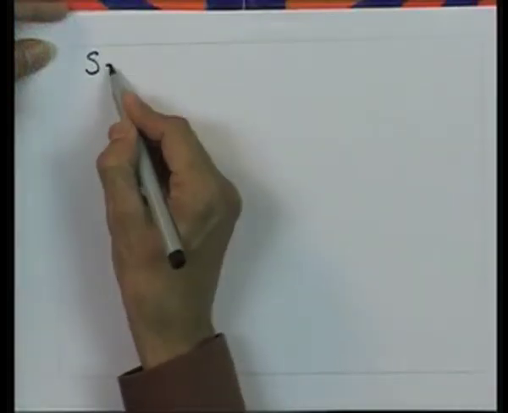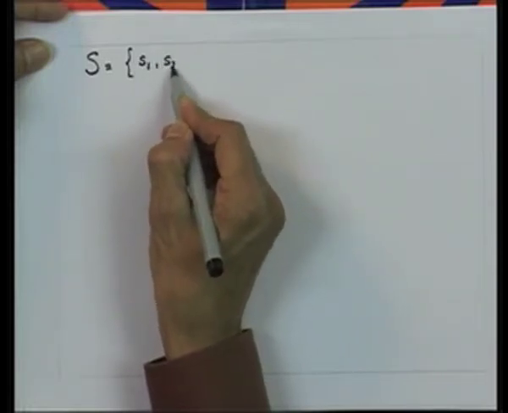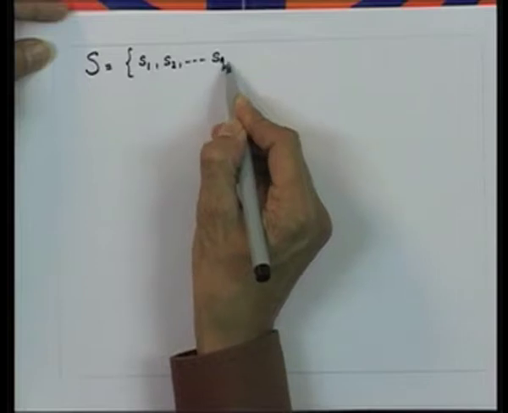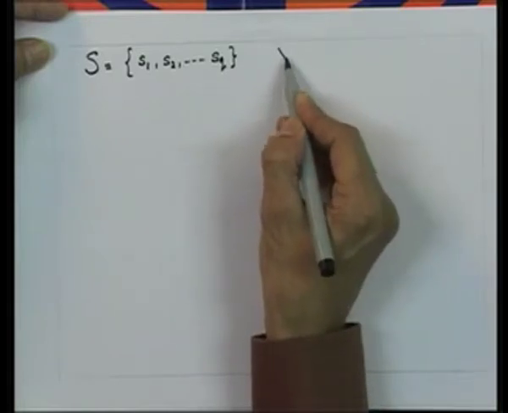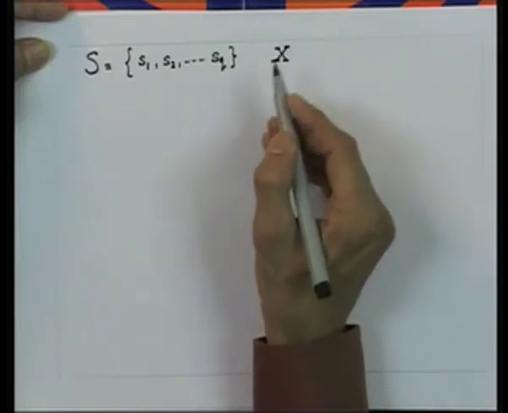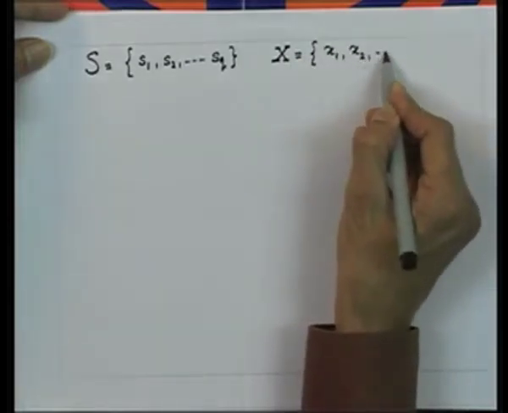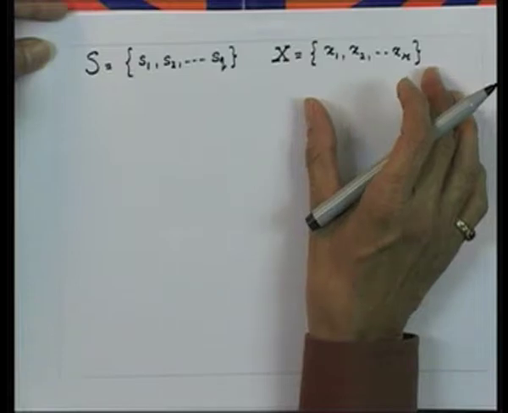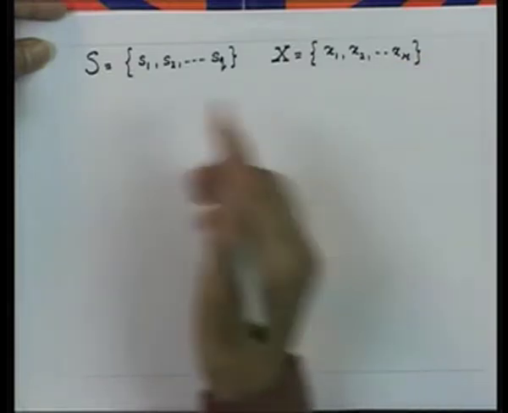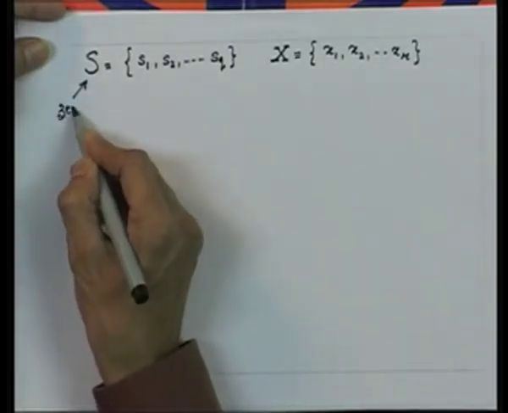Let me assume that I have a source S with source symbols S1, S2 up to SQ, and this is a block code with a code alphabet X1, X2 up to XR. So, we have an R-array code alphabet, and for the time being let us assume that this source is a zero memory source.